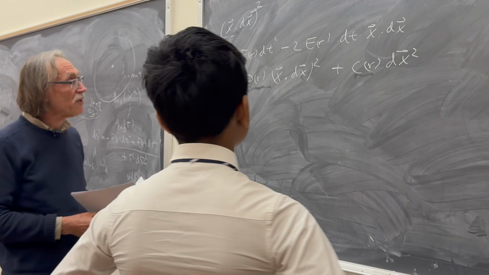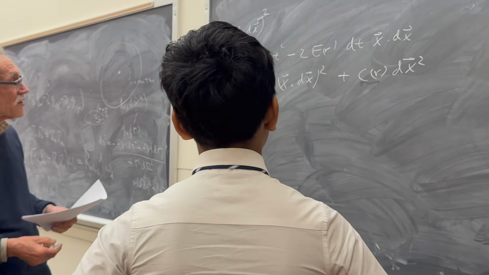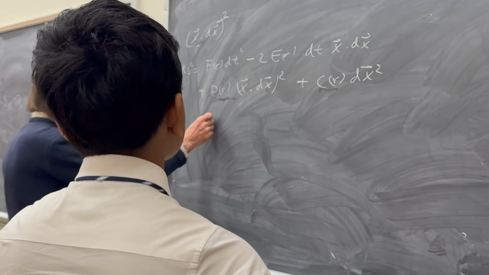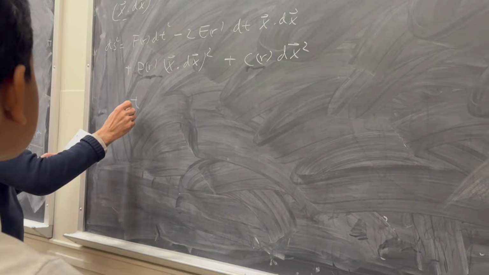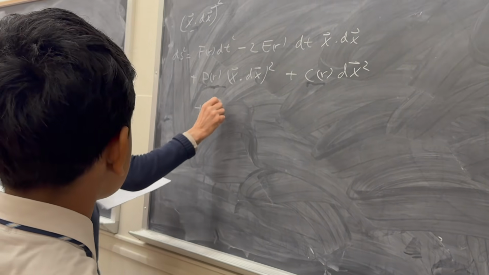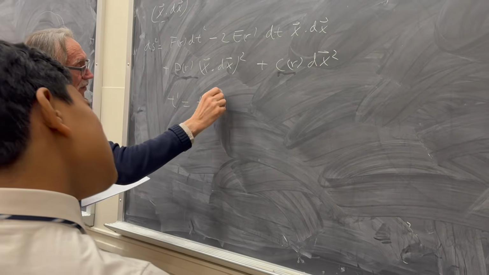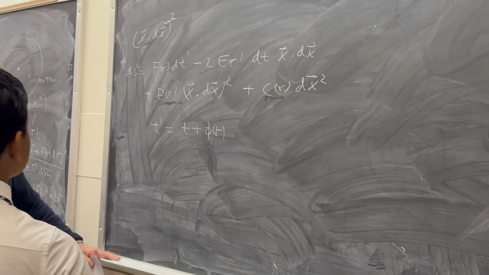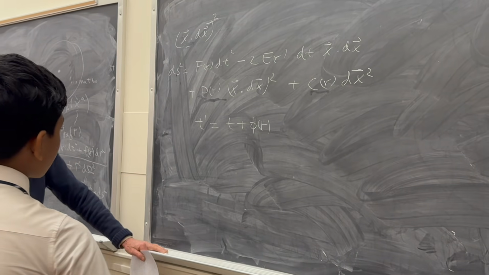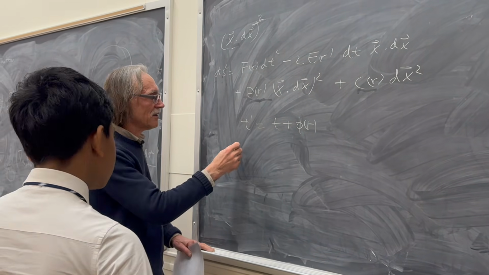But you can simplify it, because you can change the time coordinate, and I did that as t prime is t plus phi of r. That is what you always do in general relativity: you use coordinate transformations.